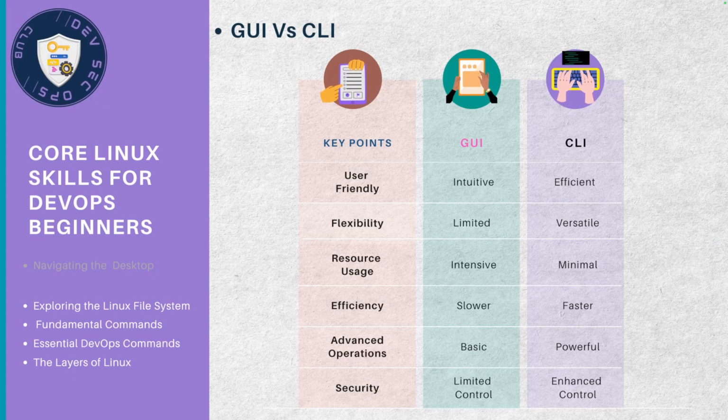So again, this is the overall summary. GUI offers user-friendly, visual interaction, while CLI provides powerful control through text-based commands, right? Each has its own strengths as well. When you are a beginner, it's good for you to go with the GUI. So as we installed it, we installed the desktop version.